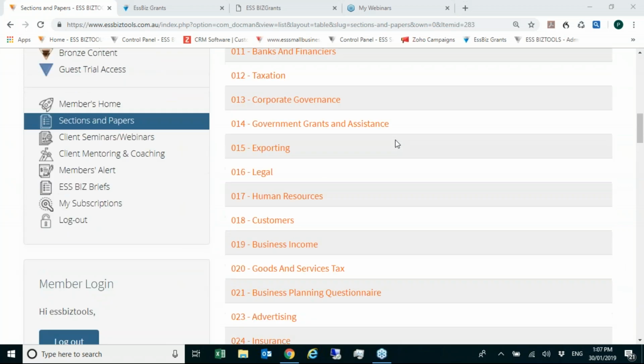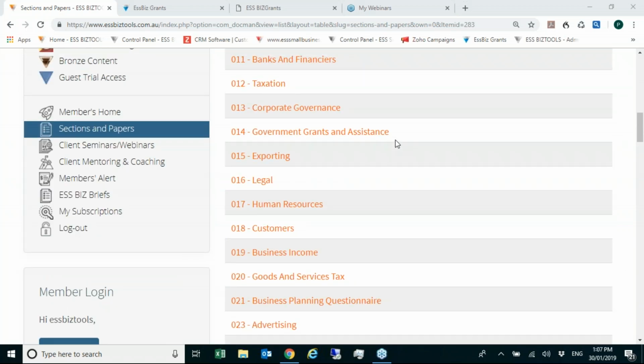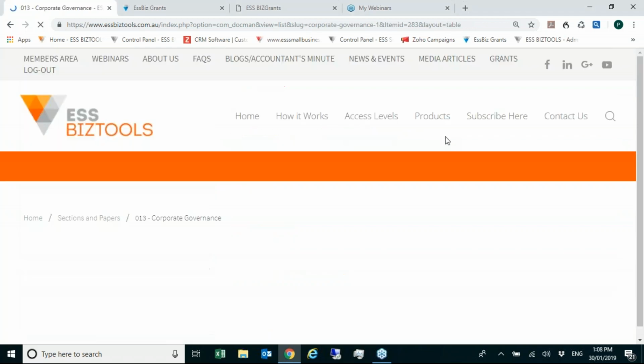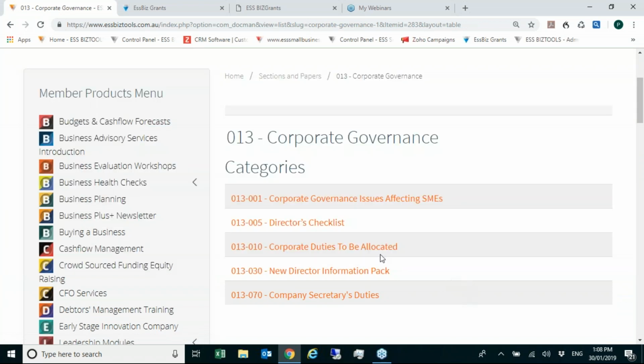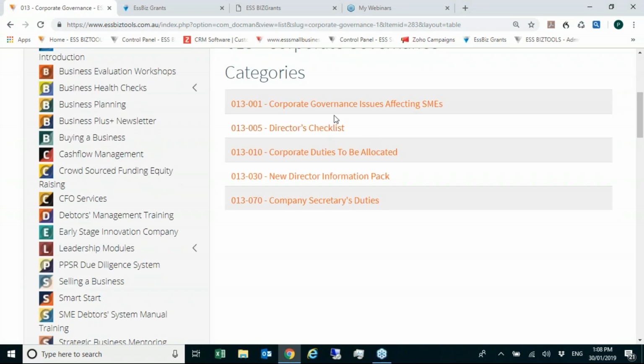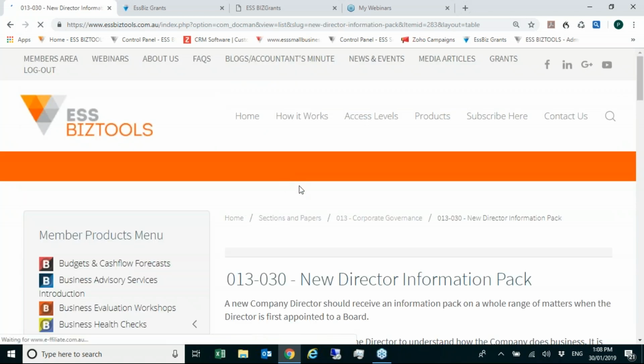So if you want to see what's in a section, you just click on the name of it, and you will then be given a list of the papers that are contained within that section. And if you wish to view a particular paper, you just click on the name of it.